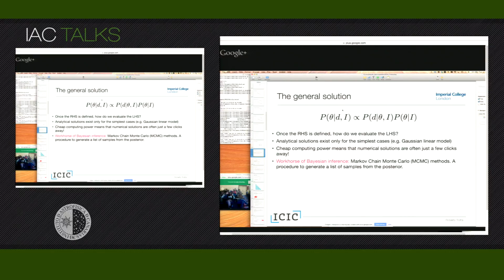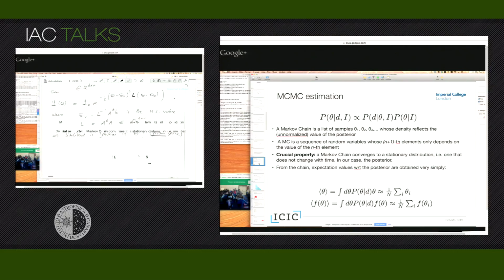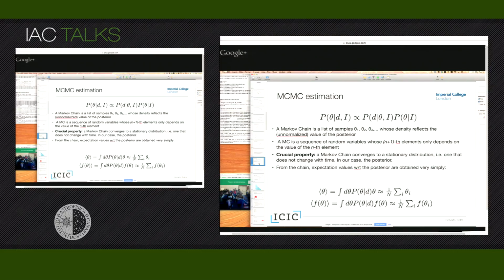So I already covered this with Brandon. I'm going to just quickly remind you of those aspects. I'll go fairly quickly because it's just a reminder, really. I know you've seen this already. So a Markov chain is a list of samples, theta 1, theta 2, theta 3, whose density reflects the unnormalized value of the target density.